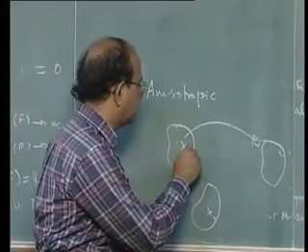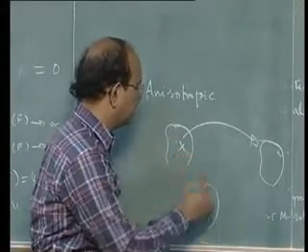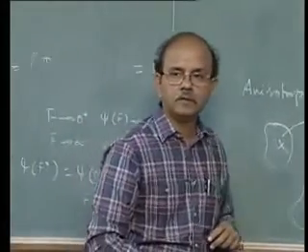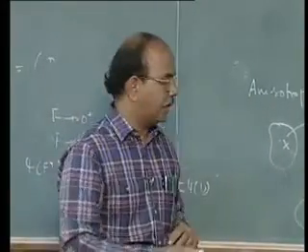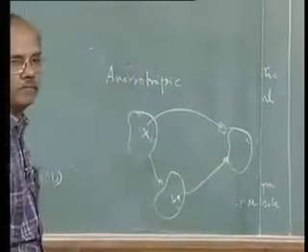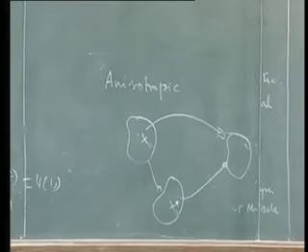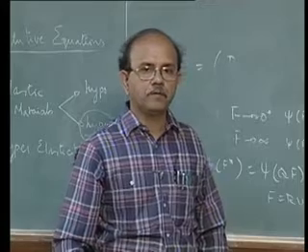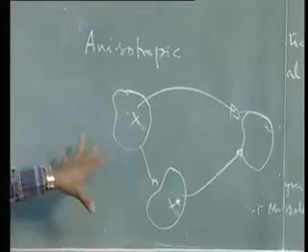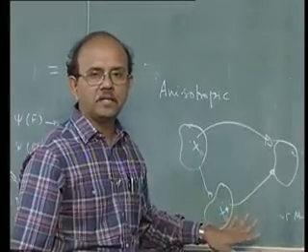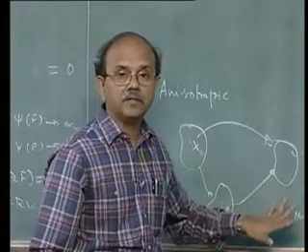Let me call this X, no, X is enough, and so this is X star, and there is again a deformation, let us say like this. Then if it happens to be like this, then we call this material an isotropic material.